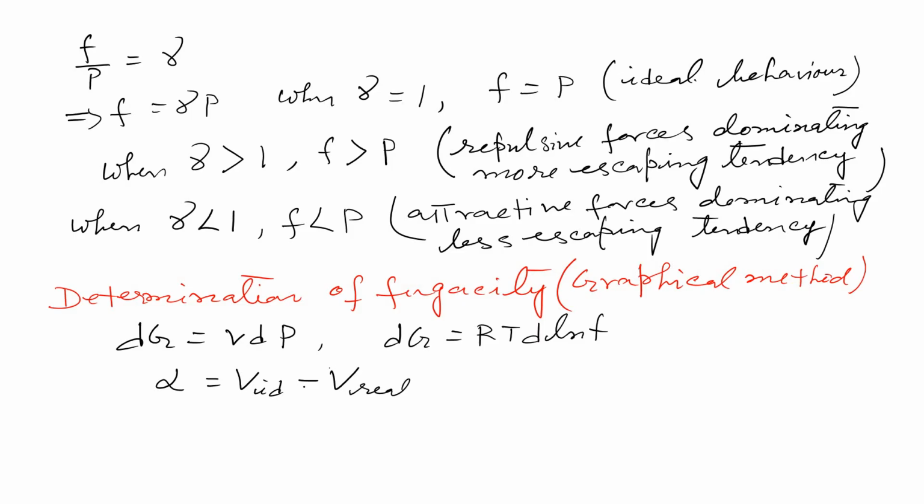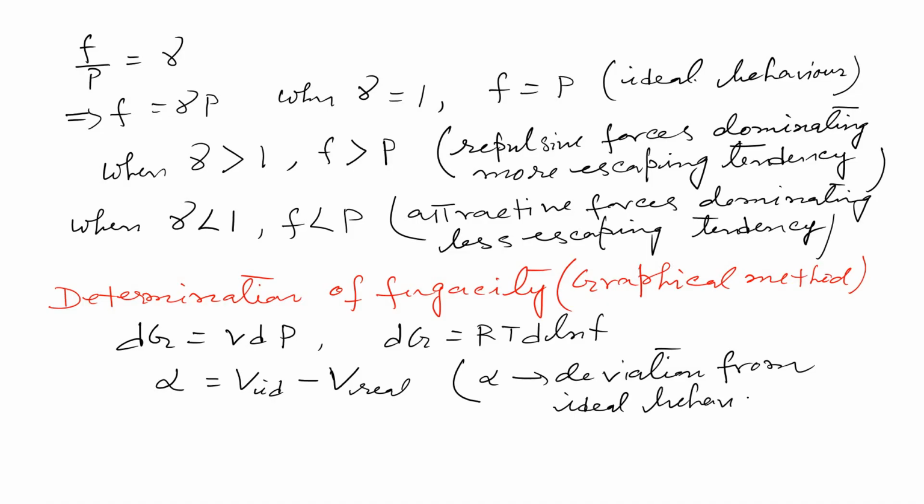Volume for ideal gas minus V real, for real behavior. So what we can say, alpha is the deviation from ideal. Alpha indicates the deviation from ideal behavior. Okay.